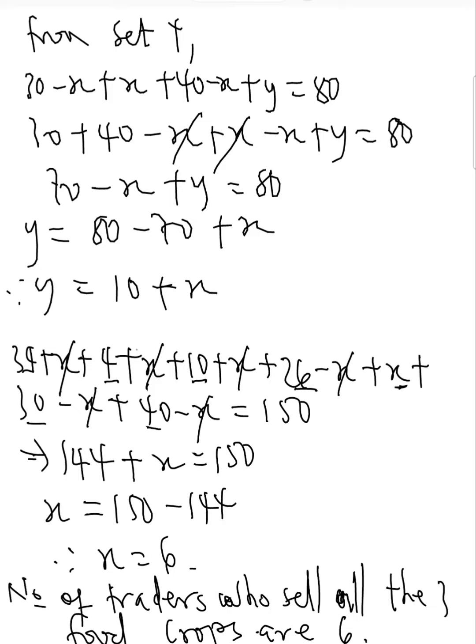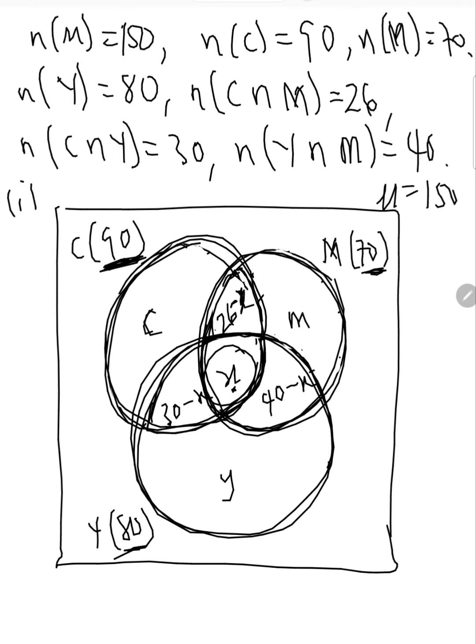Now let's look at the last one, which says how many of the traders sell 1 food crop only. So 1 food crop only is going to be what? We are going to look at those who sell cassava only. So I am shading the portion. So don't forget, this 90 means some sell cassava and they can also sell maize.